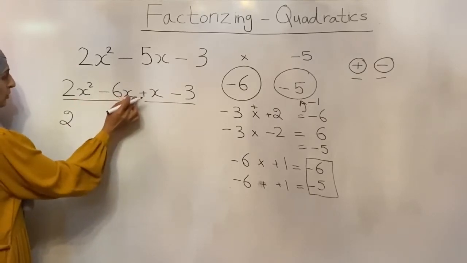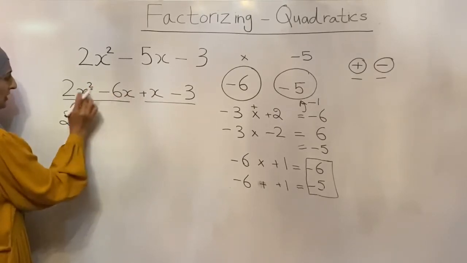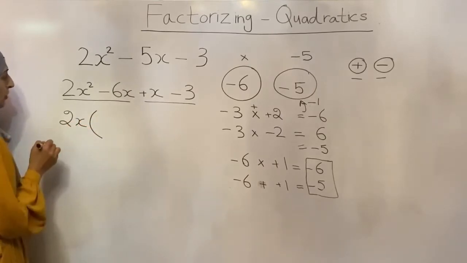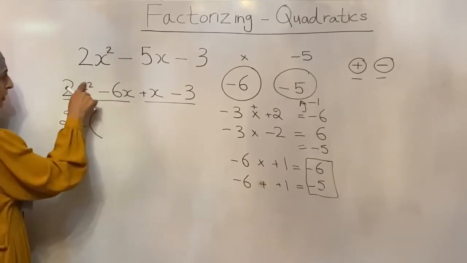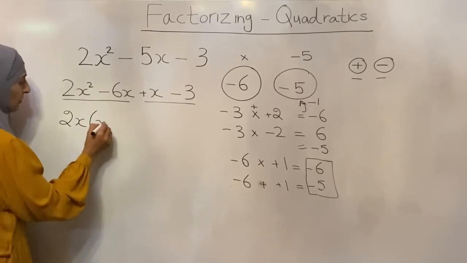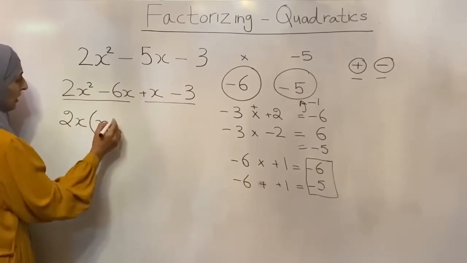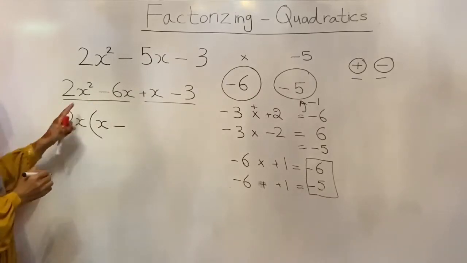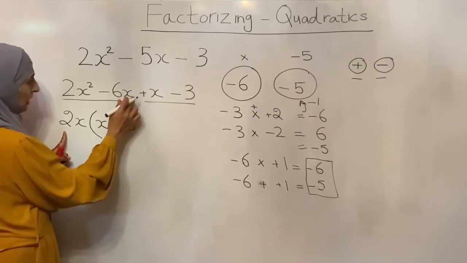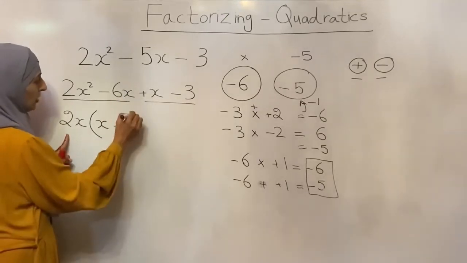X and x, there's one x, there are two x's, so one x is common in both terms. What is the leftover? 2 is outside. Instead of 2 x's, I've taken 1 x outside. How many x's are left? 1, so 2x minus... How many times is 6? 3. 1 x is gone outside, so there is no leftover inside.